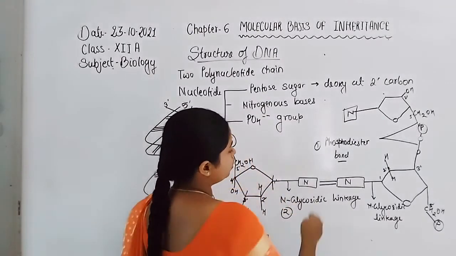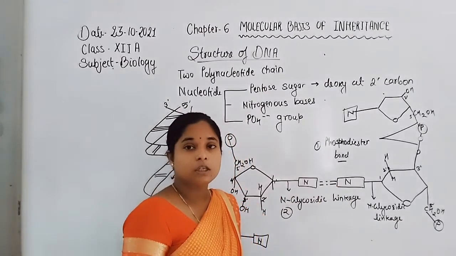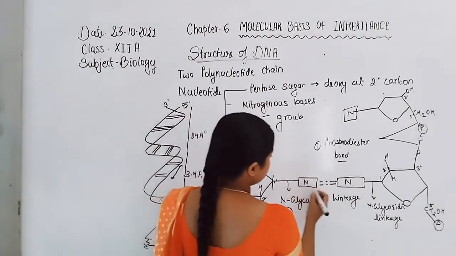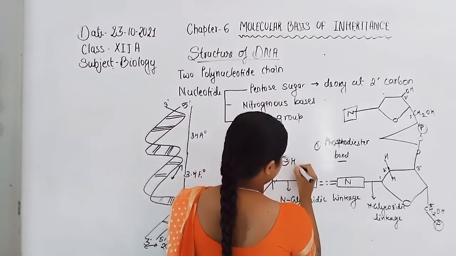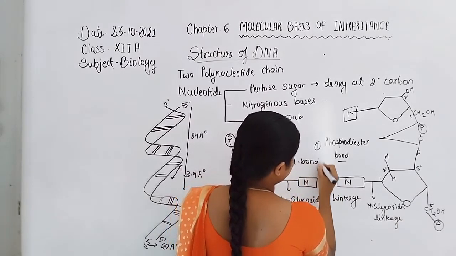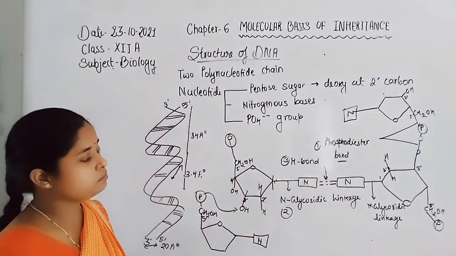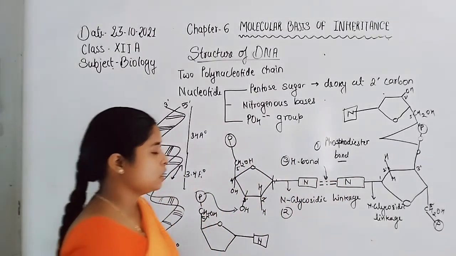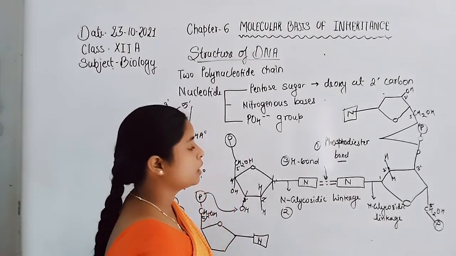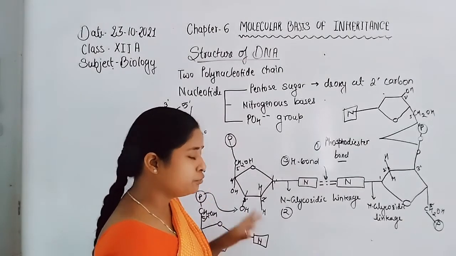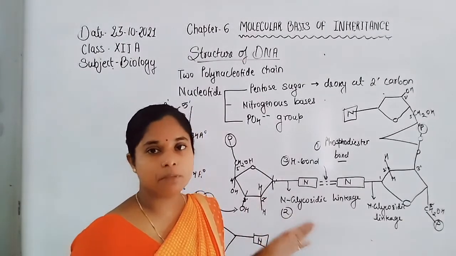Now another bond is the hydrogen bond. The hydrogen bond is just an interaction. The third bond is the hydrogen bond. So the hydrogen bond is an interaction between the nitrogen atom and the hydrogen of 2 nucleotides, of 2 nitrogenous bases.